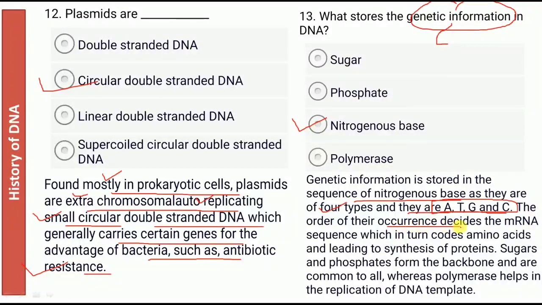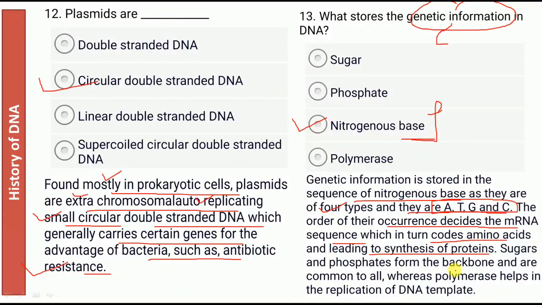The order of their occurrence decides the mRNA sequence, which in turn codes amino acids, leading to synthesis of protein. So finally we can say that what decides the genetic information is the nitrogenous base.